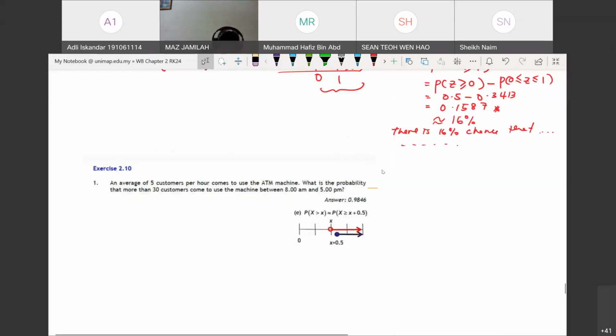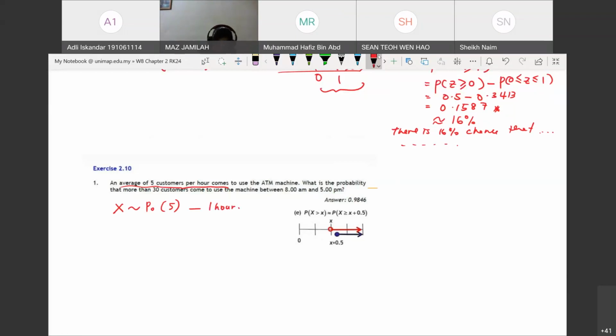Okay, so X in this case, since we are talking about an average of 5 customers per hour, we know that this is a Poisson situation or random variable. So X following Poisson with 5, this is for 1 hour, easier since they are using hours.